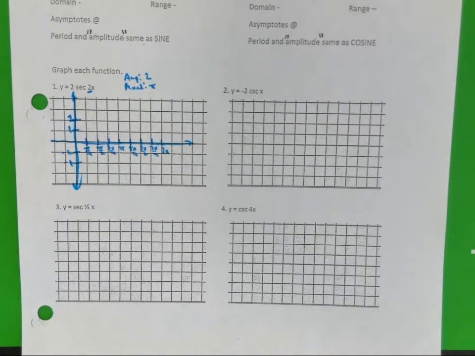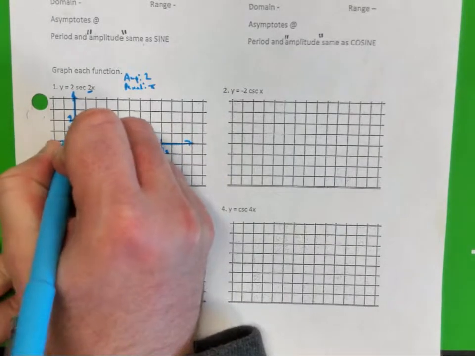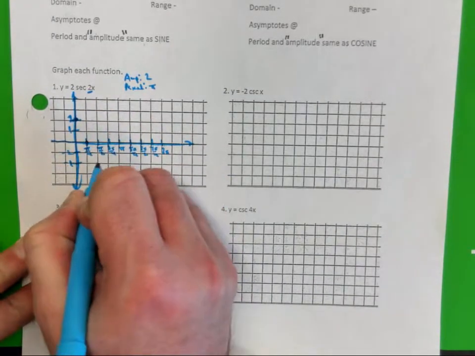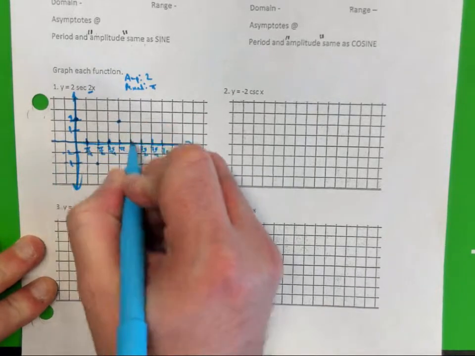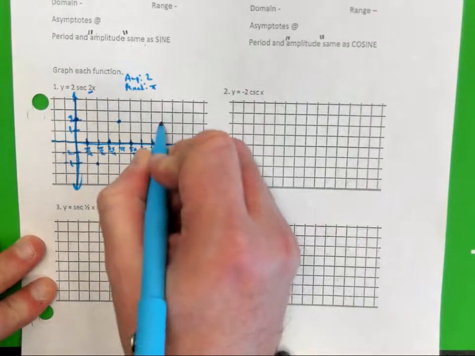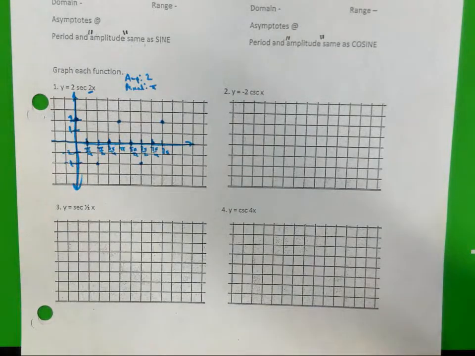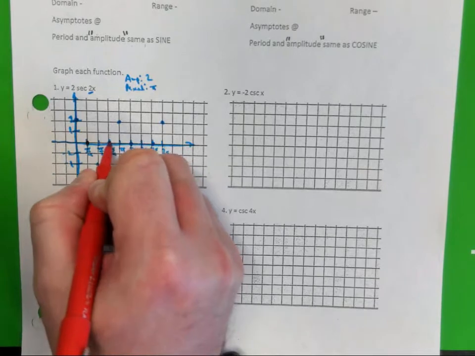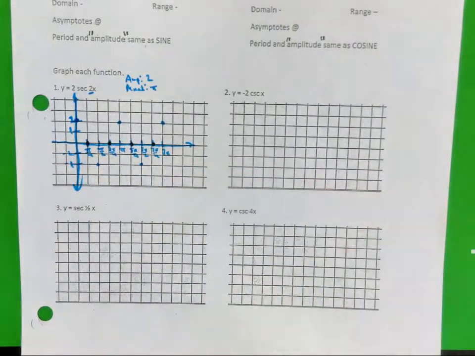Secant is related to which one? Cosine. So do you start at the origin or start at the amp? Amp. Put your dots. Now this is where it changes. Wherever a dot is touching the x-axis, like right here, here, here, here, that's where an asymptote is.